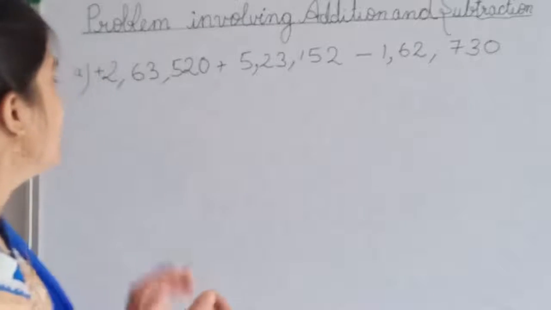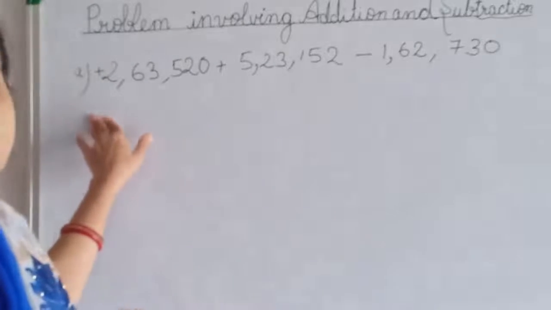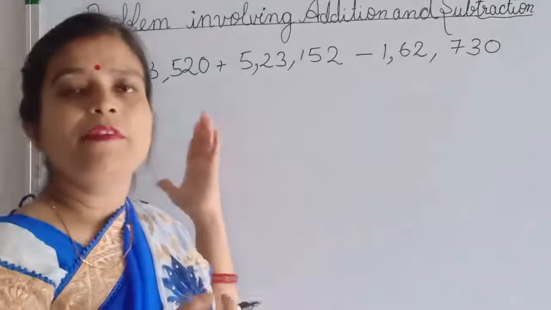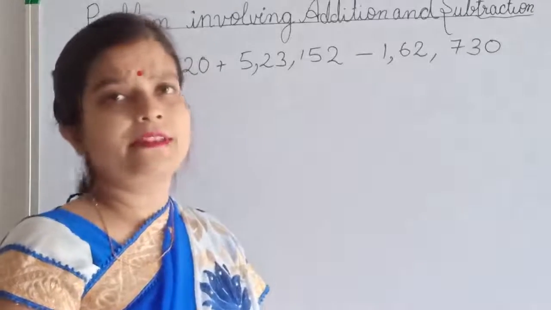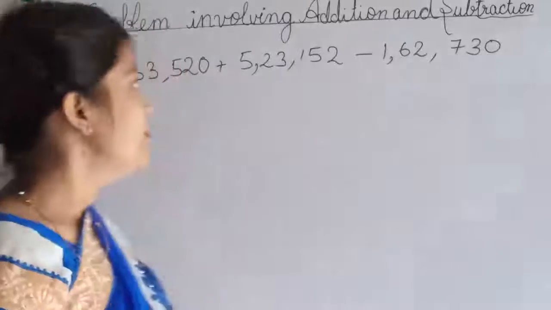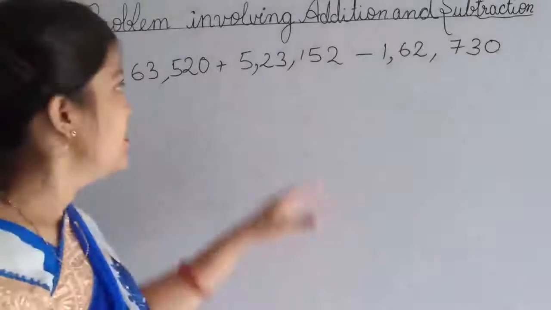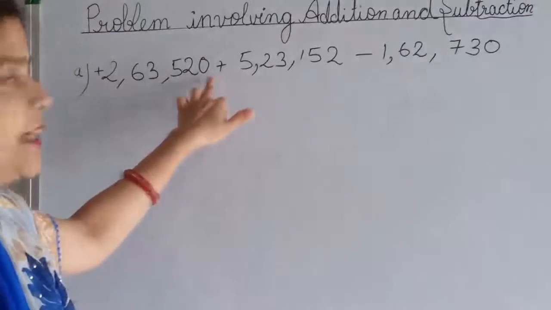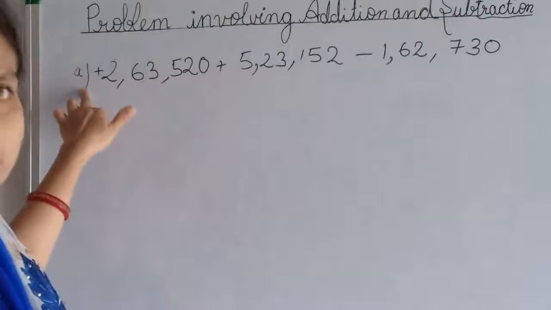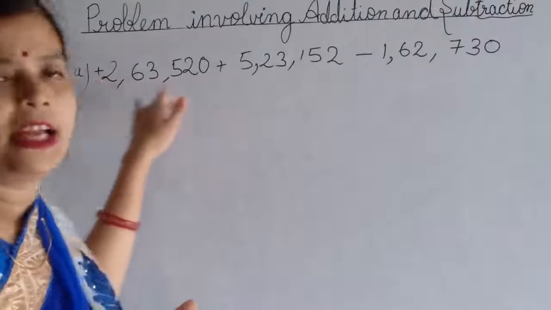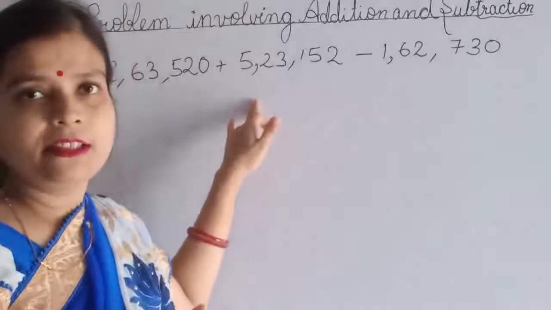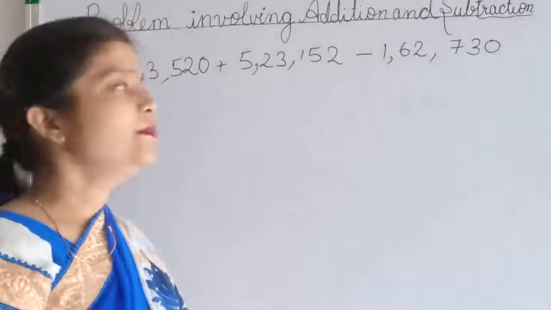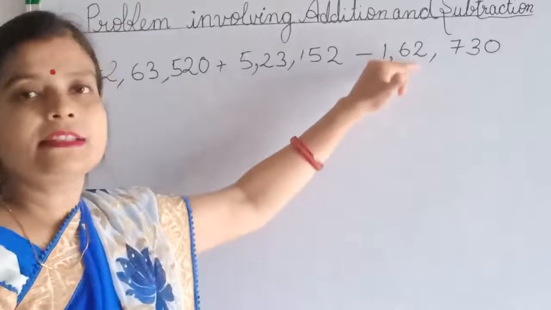Now the numbers which have a plus sign in front of them, we will add those numbers together. So where is the plus sign in front? Before this number there is a plus sign, and before this number also there is a plus sign. So first we will add these two numbers, okay? And then from the sum that comes, we will subtract this number.